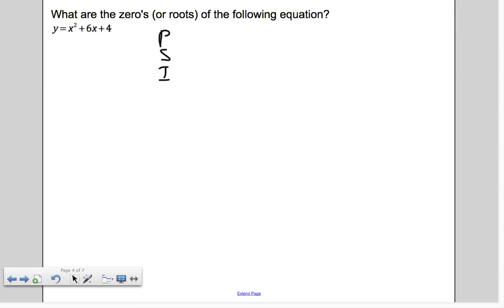My product is 4, sum is 6. What two integers multiply to 4 and add to 6?